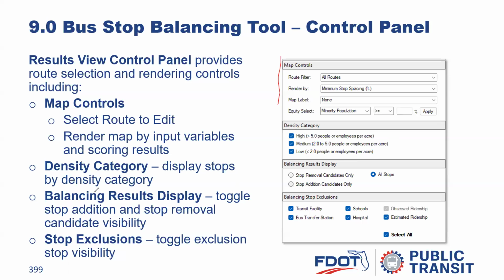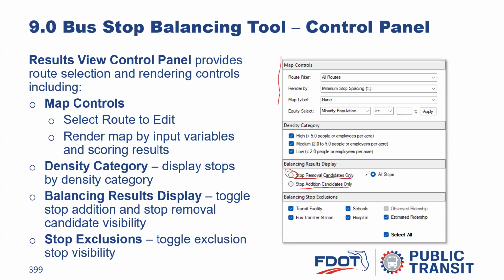We have balancing results display. So this is where, based on the policy parameters that were defined in our input, you can define stop removal candidates and stop addition candidates. So generally what we're after here is stop removal candidates. But what TBEST does provide here is those areas where you could use another stop because you have the densities to support it.